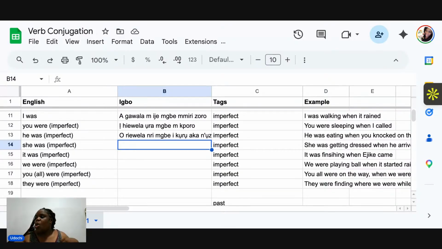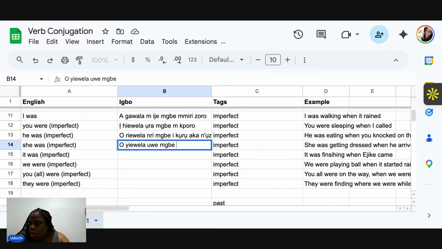So o yiri is past tense. Yewela, I think I would say o yewela uwe, when he arrived.